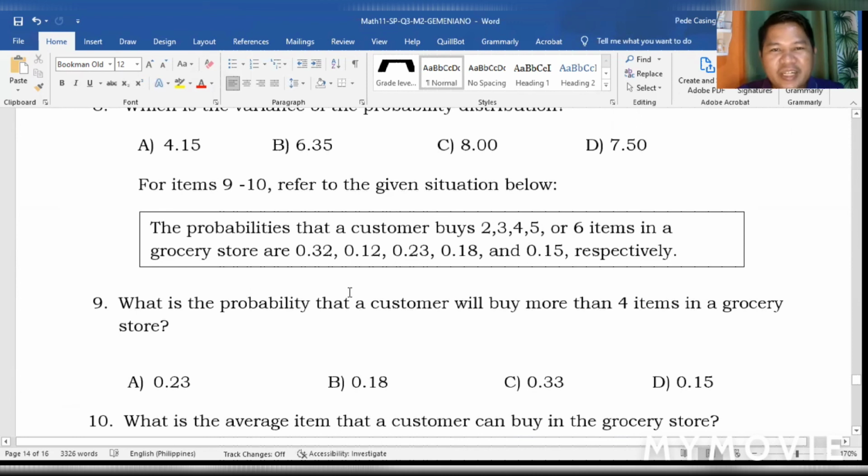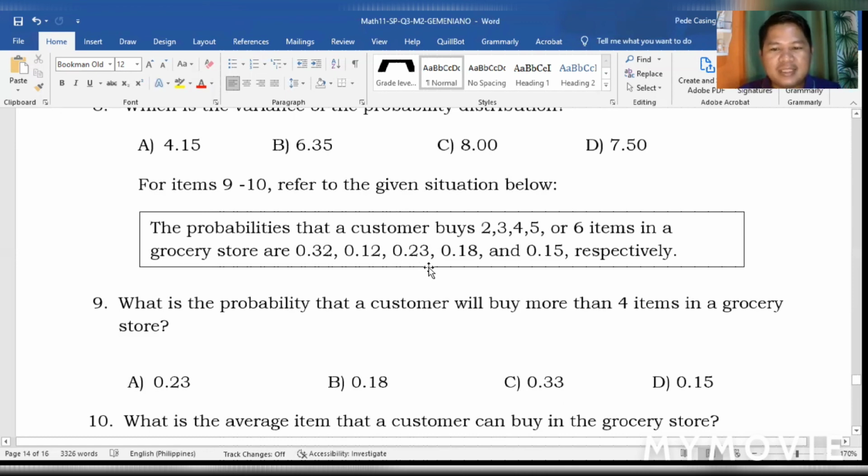So, I hope you have learned how to compute the mean by multiplying x times p of x for each row, then you add all the products, get the sum to find the average or the mean of the probability distribution. For the variance, follow the formula. After multiplying x times p of x for the mean, you subtract x minus the mean.